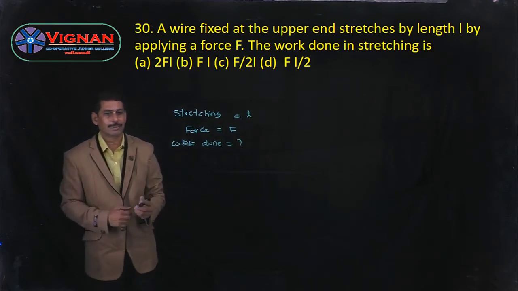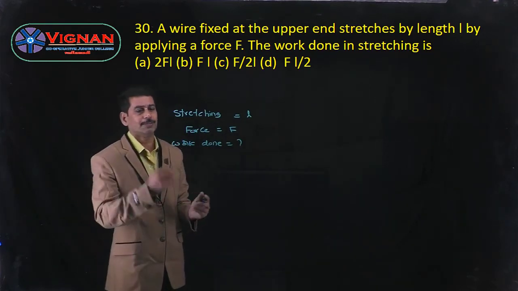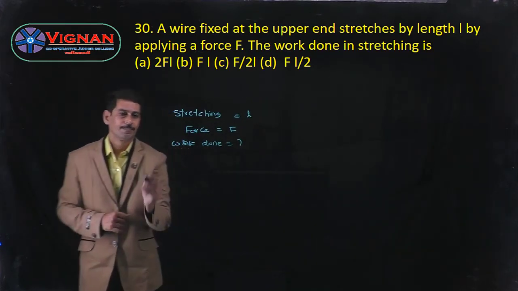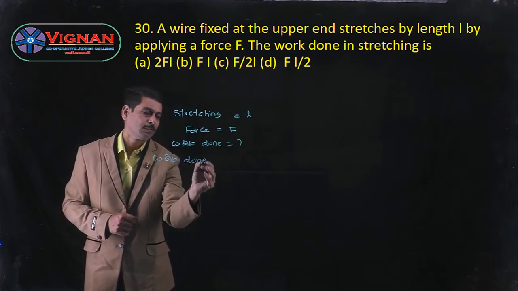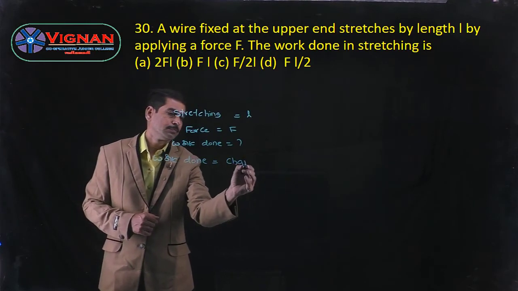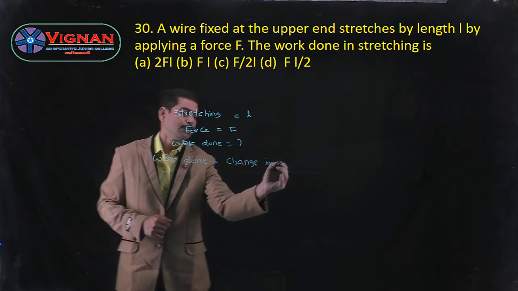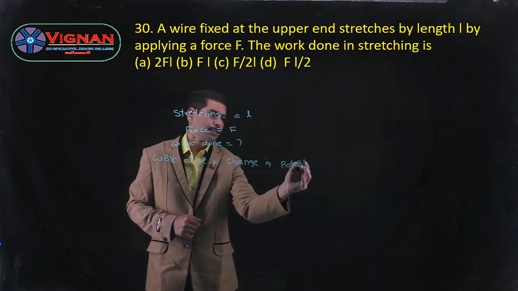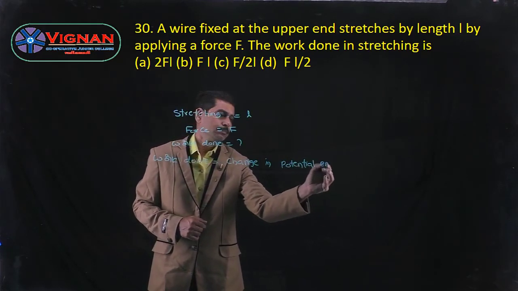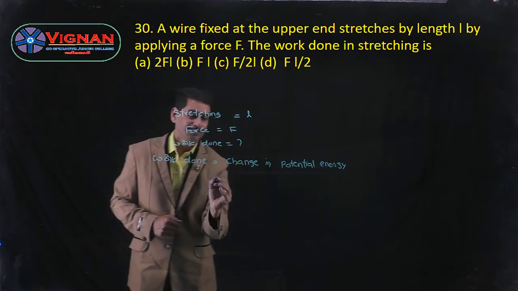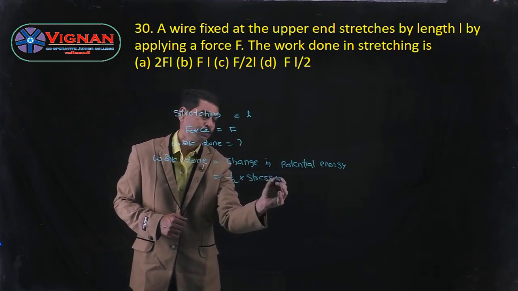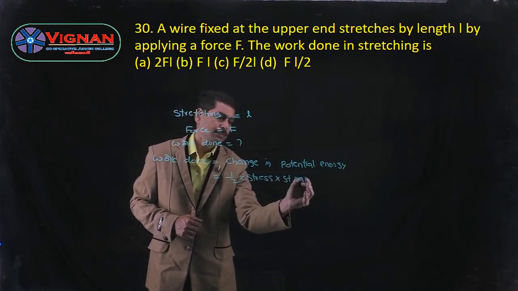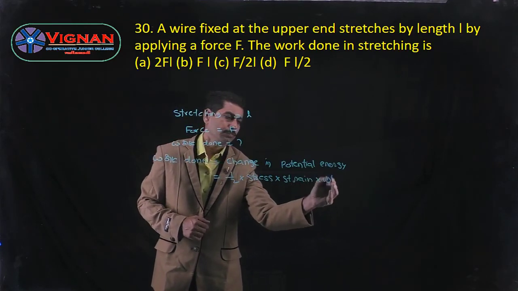We know the work done in stretching the wire is stored in the form of potential energy. So the work done is equal to the change in potential energy, which is half into stress into strain into volume.